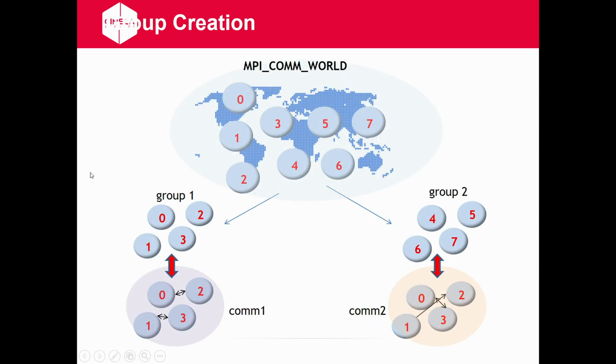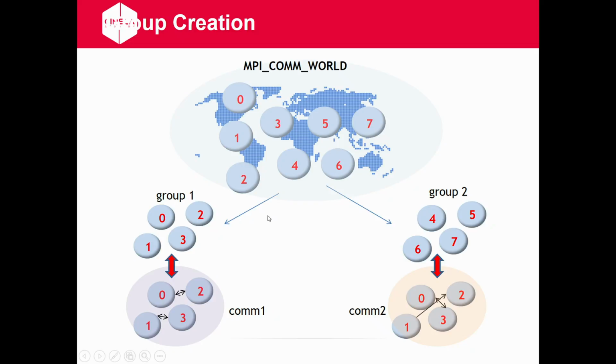We have two groups and two new communicators here. We want to pass a message from here to here. The method that I told you before consists in using MPI_COMM_WORLD and passing a message from 0 to 4, which is here, but using MPI_COMM_WORLD.